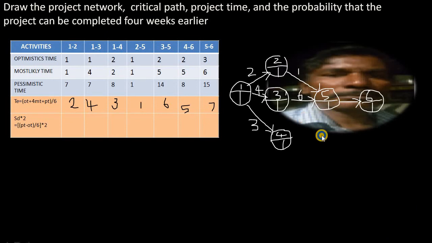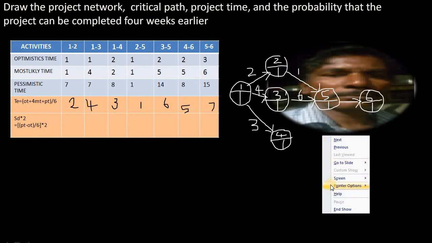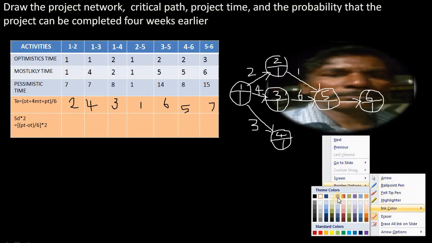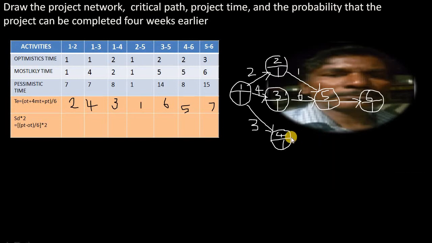So coming back and taking the ink there, you will get it here: it is 4 to 6. Okay, so 4 to 6, how much is it? 5 weeks. Right, then 5 to 6, it is 7 weeks.